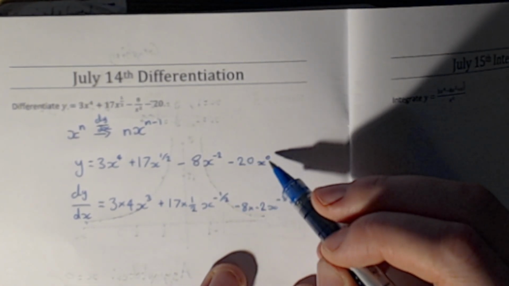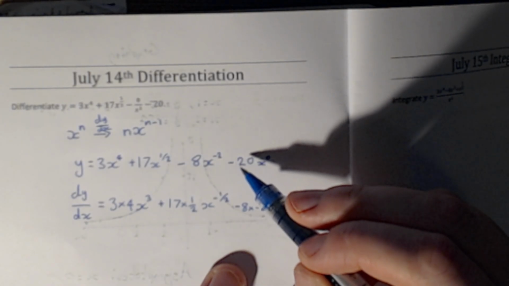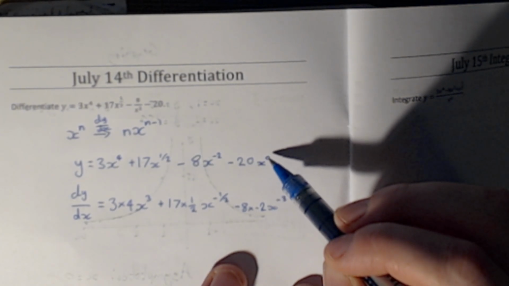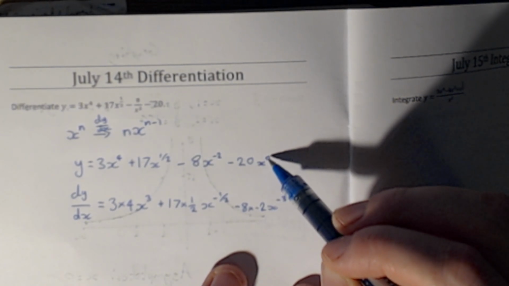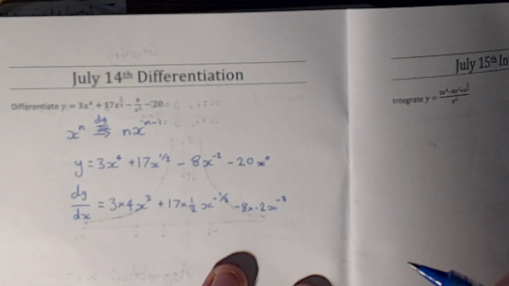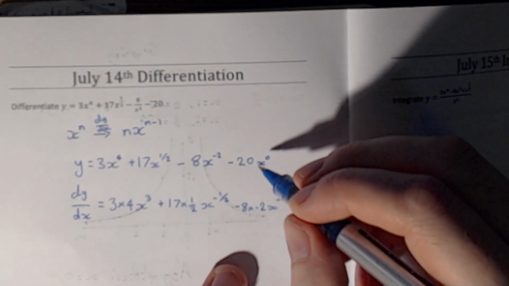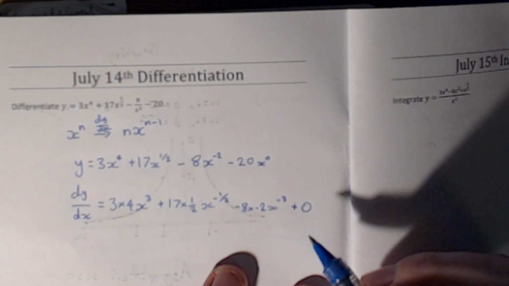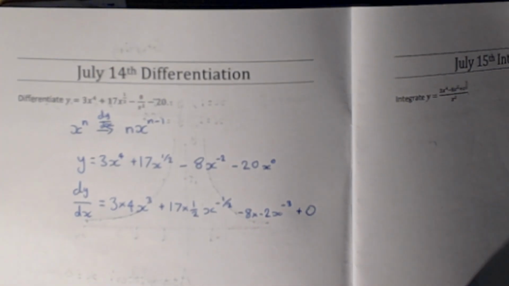Remember, anything to the power of 0 is 1. So 20 times x to the 0 is still just 20. So we've got this x to the 0 term hidden. Well, the 0 is going to come down, be 0 times 20. Anything times 20 is also 0. So that constant term goes away, becomes 0.